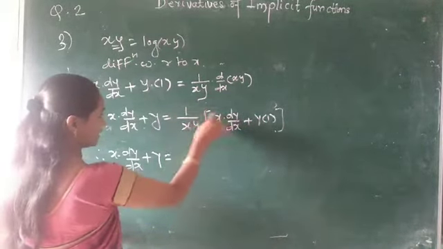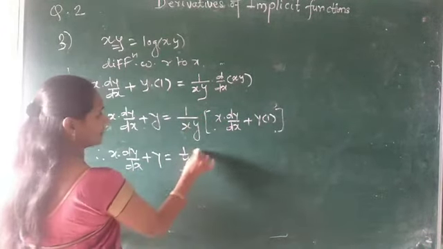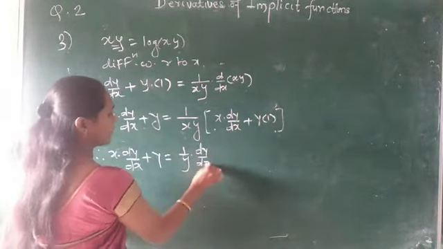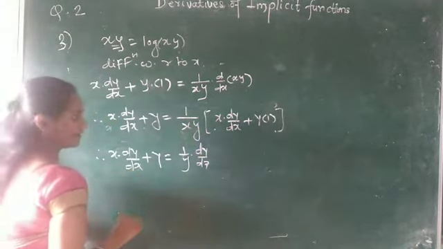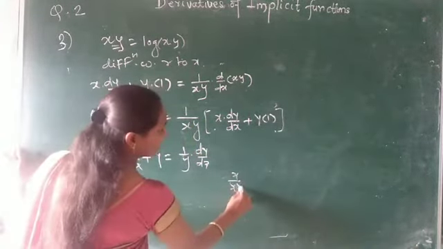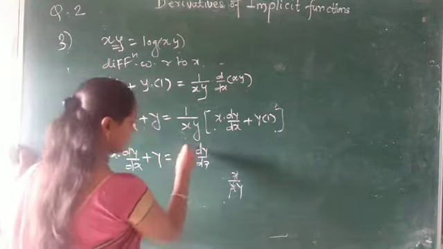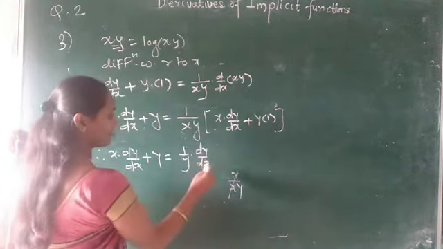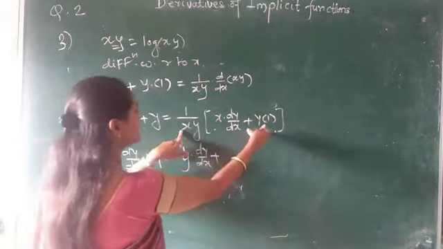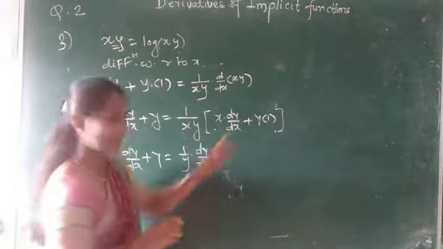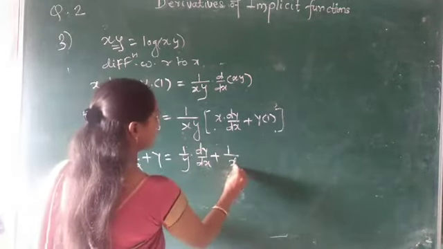So x upon xy, it becomes 1 upon y into dy upon dx. After multiplication the x will get cancelled, that is x upon xy, and the remaining is 1 upon y into dy upon dx. Plus, now again multiplying by 1 upon xy into y, the y will get cancelled and the remaining part is 1 upon x.